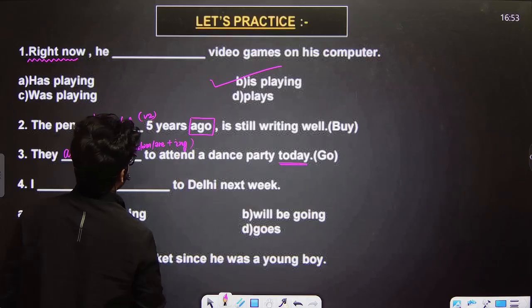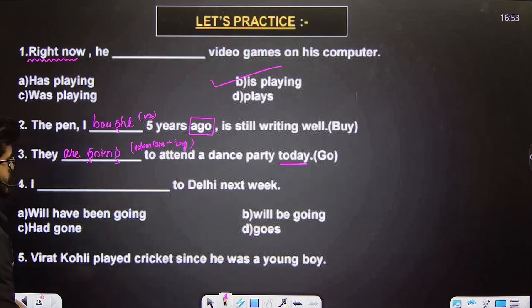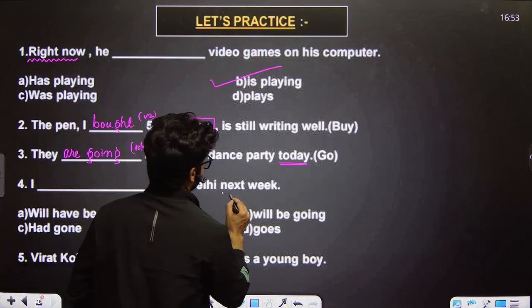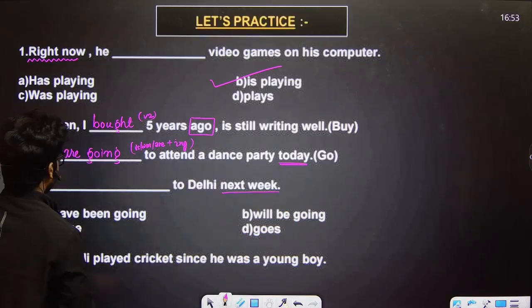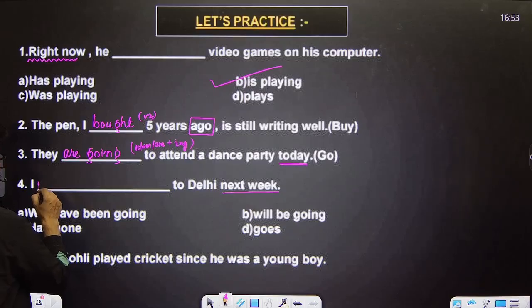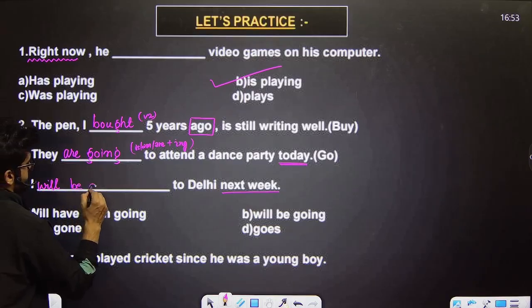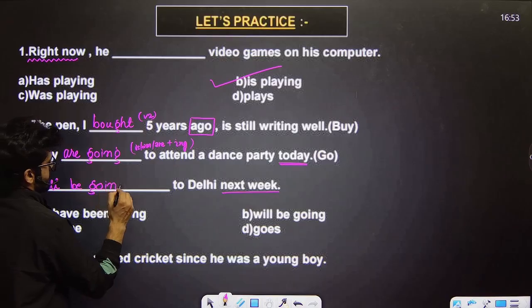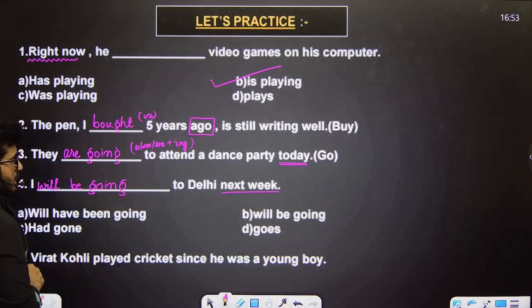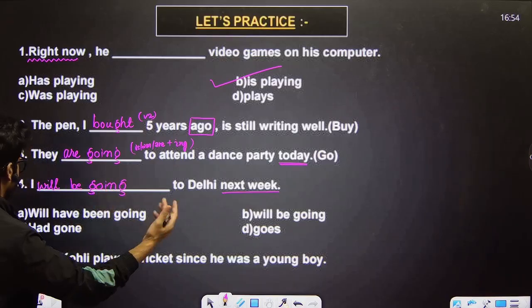Verb 4. Okay. I dash to Delhi next week. Planning. Future. I will be going. Okay, continuous. Something which is planned and ready to happen.